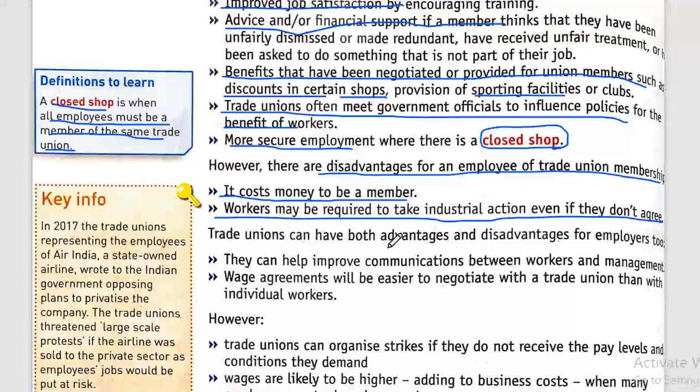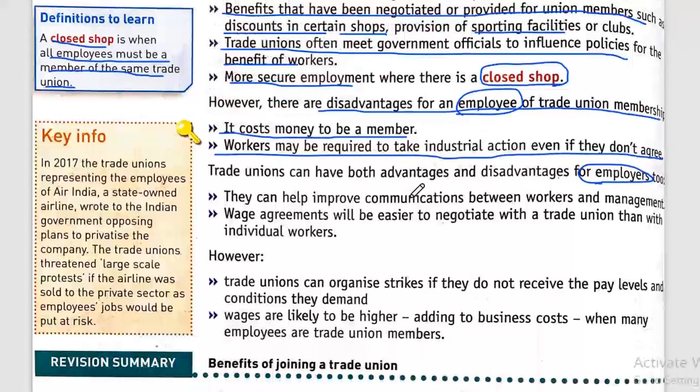Trade unions can have both advantages and disadvantages for the employer. Here, miss, we are talking about the employee. Pay attention. So, as a manager, as an employer, the advantages and disadvantages: the first thing, they can help improve communication between workers and the management. I can, as an employer, understand and know what my employees are concerned about.